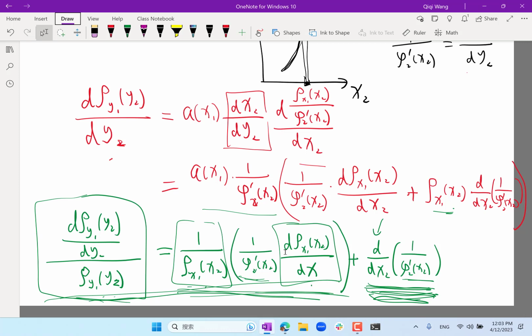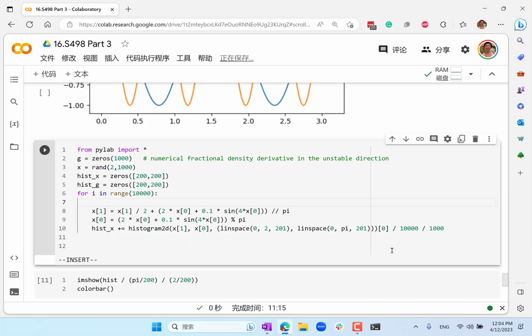One is the 1 over the slope of the map. And another thing is the derivative of 1 over the slope of the map. So let's compute the 1 over the slope. Okay, the slope, if you look at this equation, is equal to 2 plus 0.1 times cosine of 4 times x0, right?